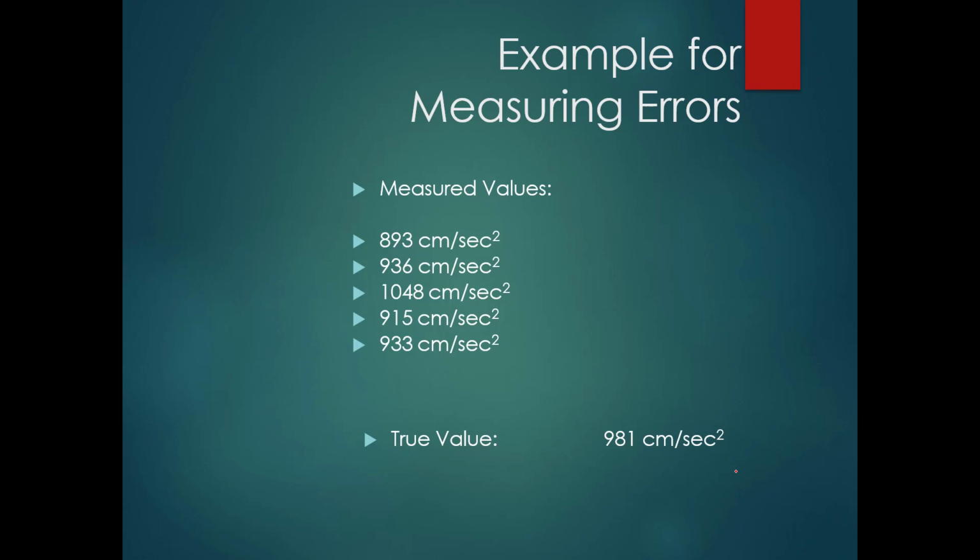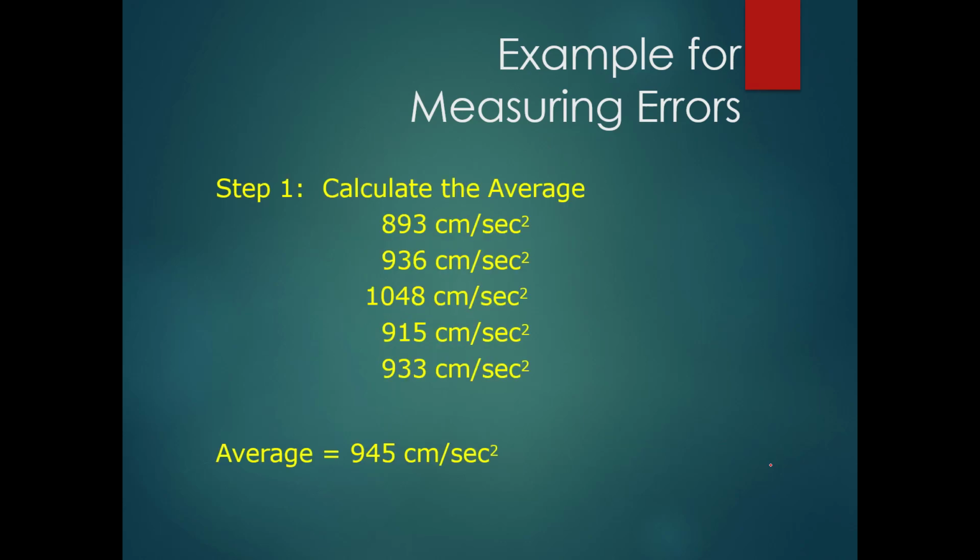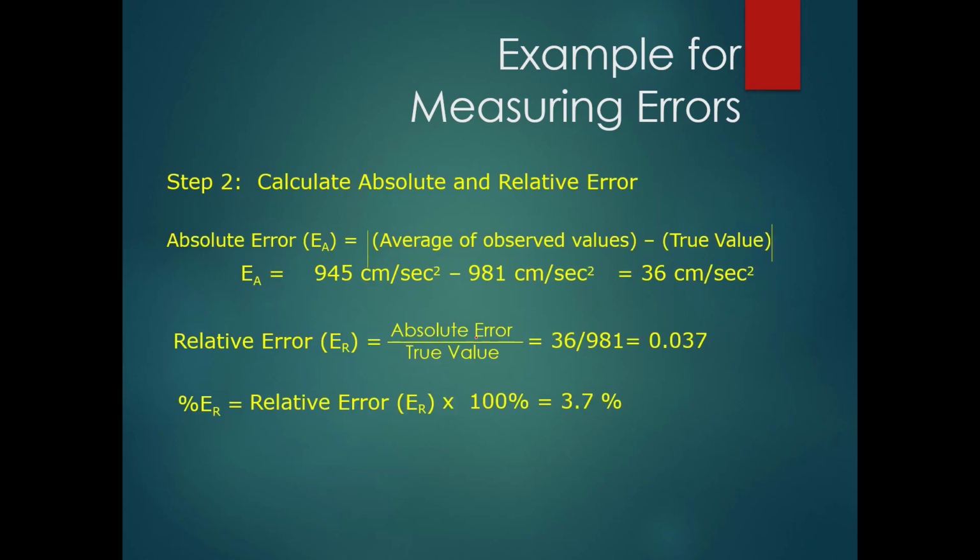Now one more example. You are measuring some acceleration, and while measuring the acceleration, you are getting these 1 2 3 4 5 measured values. Among the 5 measured values, you see the true value is also given. The true value is given as 981 centimeter per second square. The average value of measured values we are getting is 945. The true value that is given is 981.